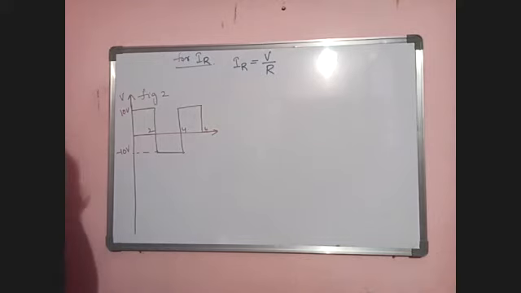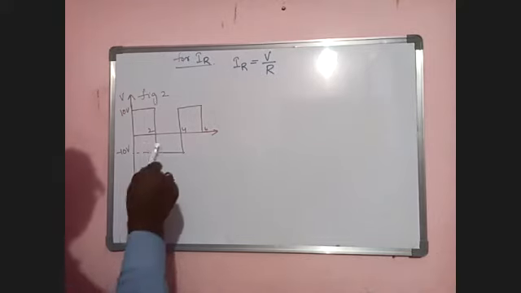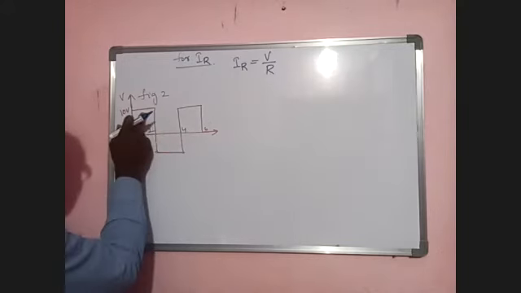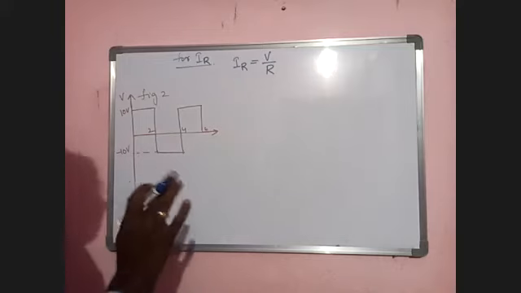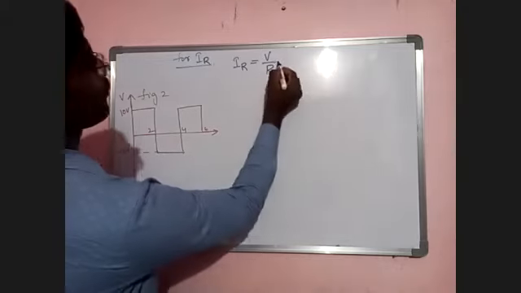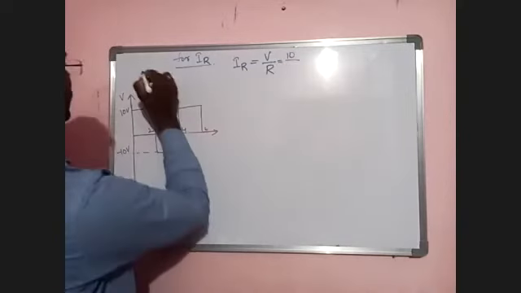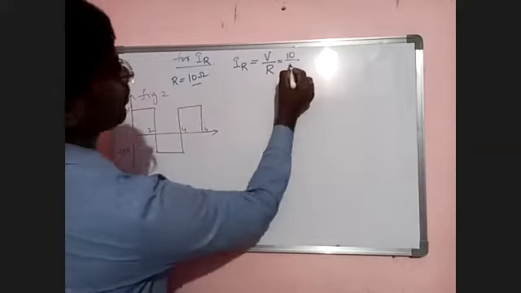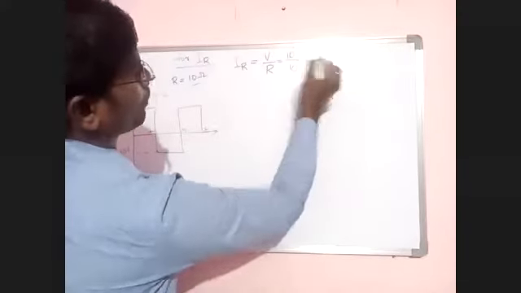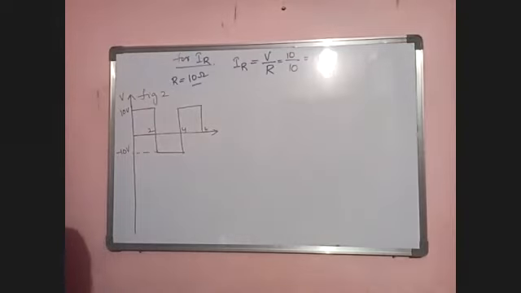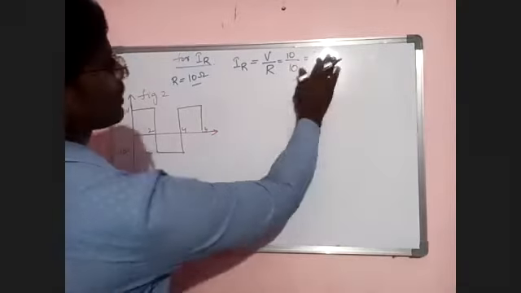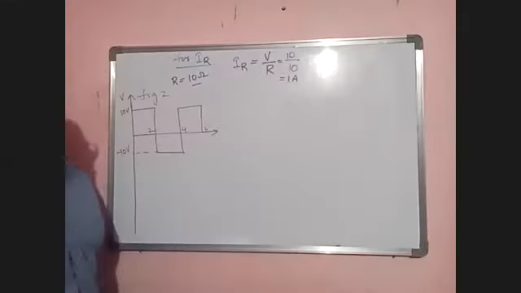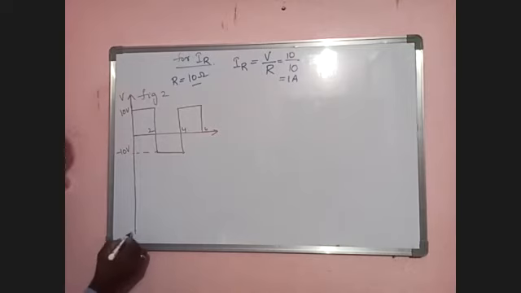So I is equal to V by R. You just calculate the positive peaks as it has constant magnitude. So 10 by R, where R value is equal to 10 ohm. So 10 by 10, which is equal to 1 amp. So it has a positive peak of 1 amp and a negative peak of 1 amp. So you draw that.